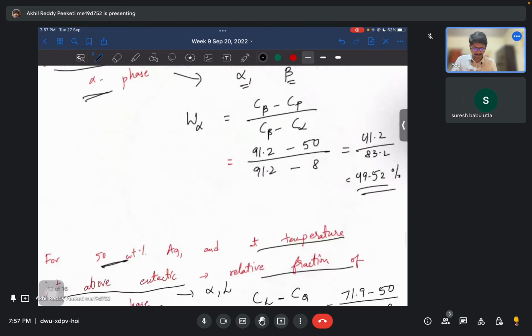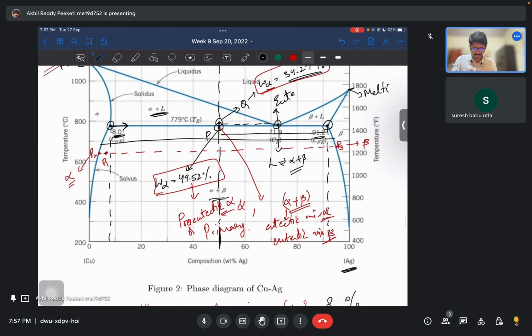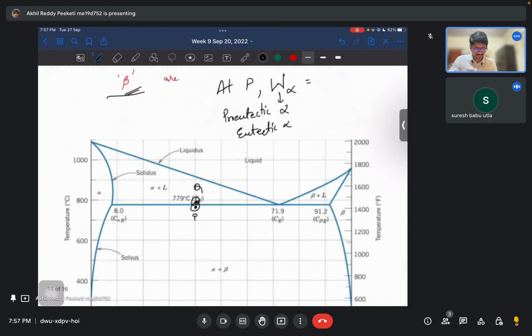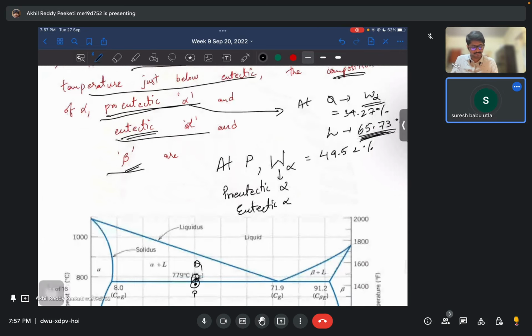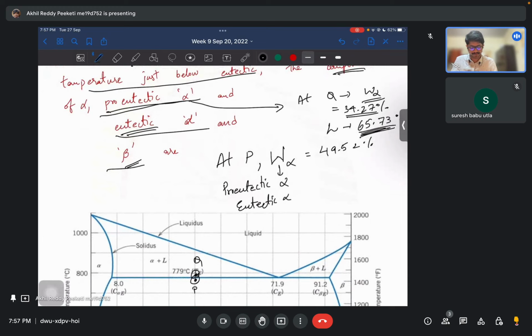We got around 49.52%. Now we know pro-eutectic alpha is 34.27%. So what would be the eutectic alpha? 49.52 minus 34.27. Is that correct?